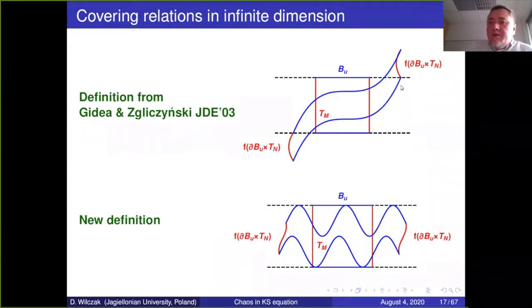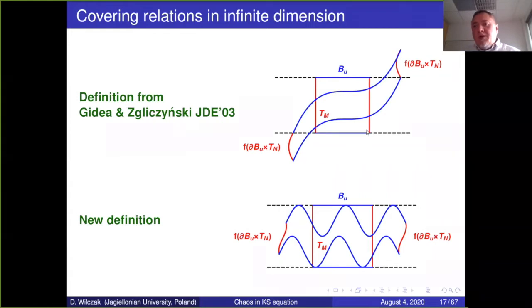We assumed that the range, during the homotopy, cannot touch these blue lines. So the image of N_c by the mapping F_c cannot touch those two blue lines.